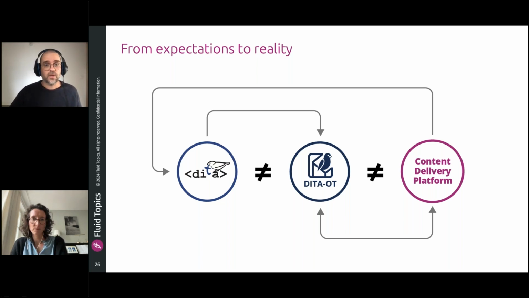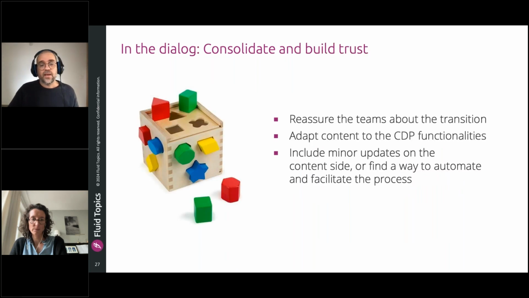And that's why sometimes it is important to consider the process from the content delivery to the content being authored, so that there are updates being made by the authors. And that is pretty important. There is a dialogue, and we need to consolidate to build the trust. First, to reassure the teams, typically when they transition from a system to another.